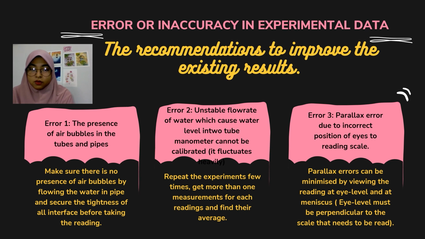For error 3, the parallax error can be minimized by viewing the reading at eye level at the meniscus. The eye level must be perpendicular to the scale being read.